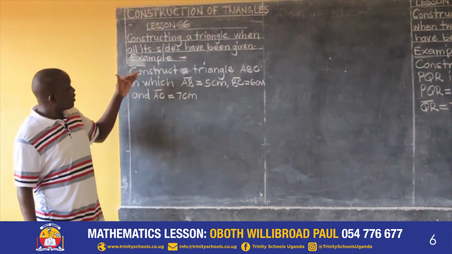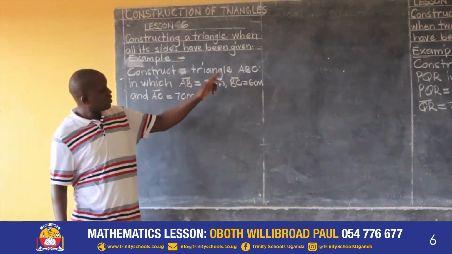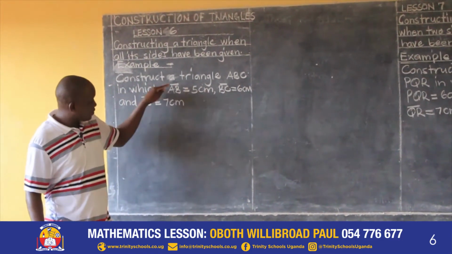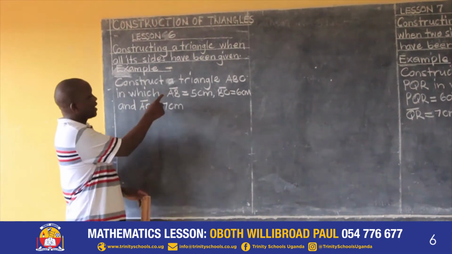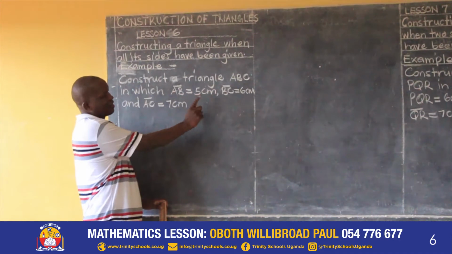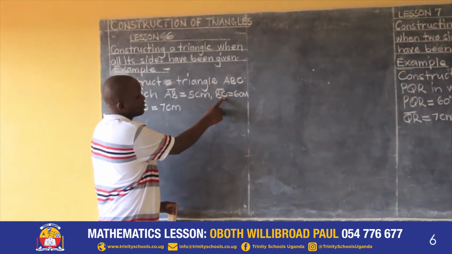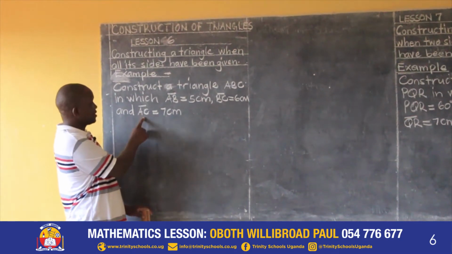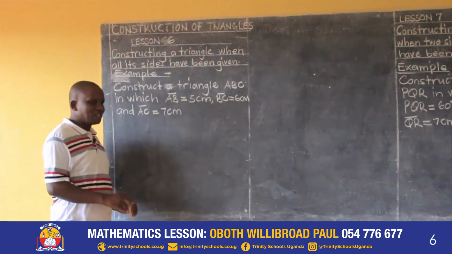Construct a triangle ABC, in which AB, when I have that bar there, it means line segment AB is 5 centimeters, line segment BC is 6 centimeters, and line segment AC is 7 centimeters.